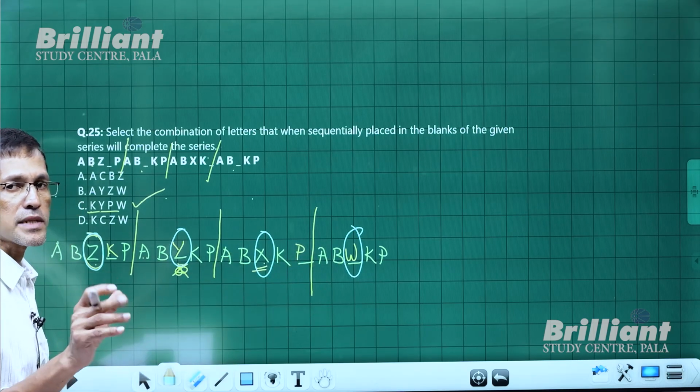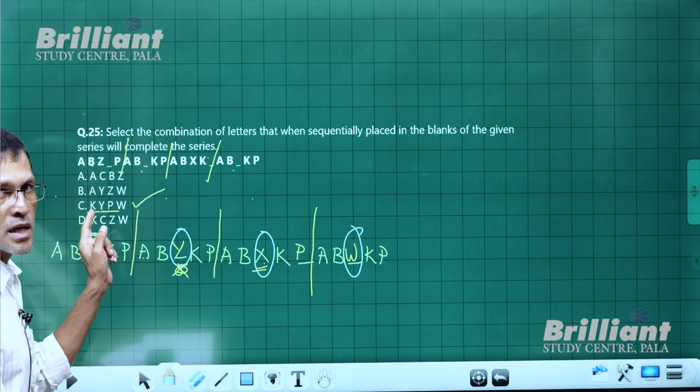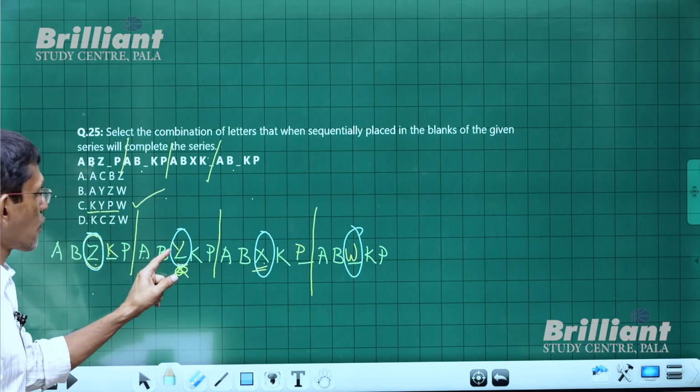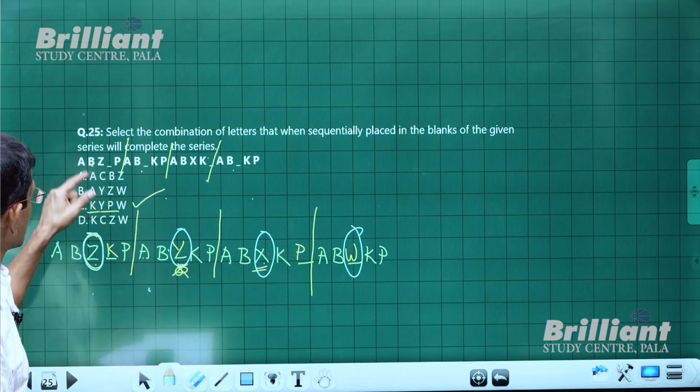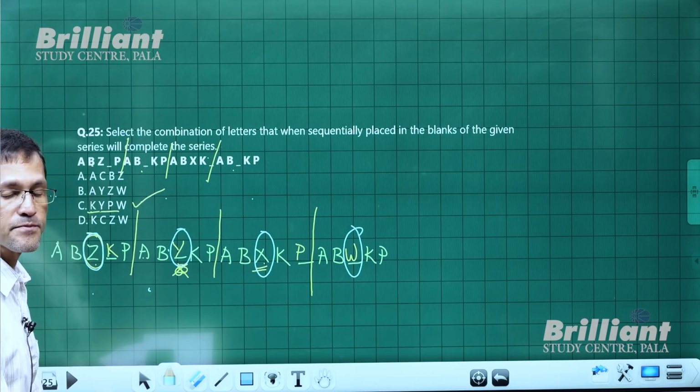So we got a clear pattern, and the letters that give us that pattern are K, Y, P, W. There's no other similar answer choice, so that's the best answer we can have.